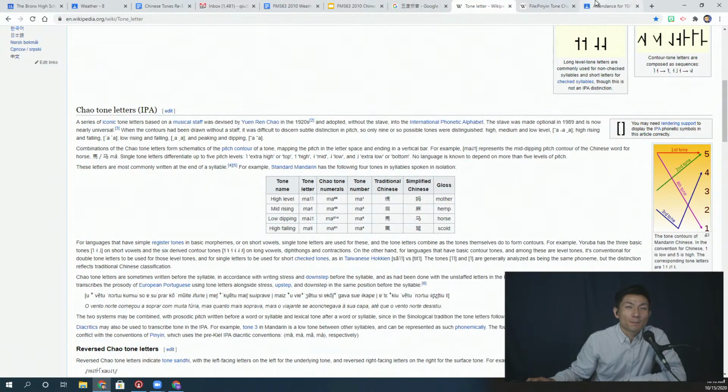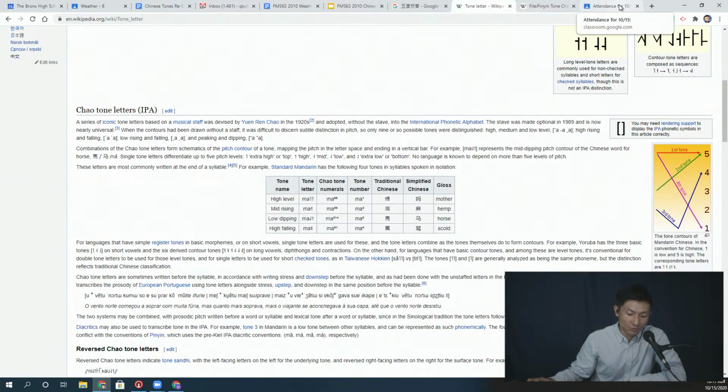And a lot of people are struggling with tones. A lot of people have been using that system to explain tones for a long time. So maybe we can try something a little bit different. This is mainly based on the music staff, so just take this music staff part out, and that's kind of what you see.